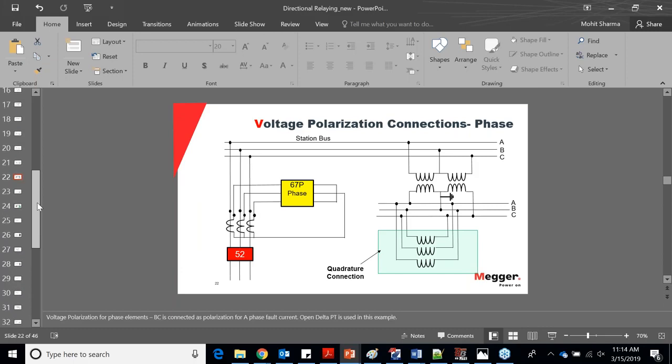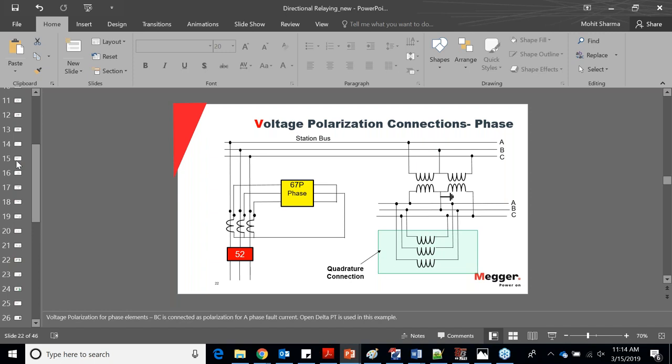The MTA, how could it be advancing the polarizing voltage? The MTA is decided on the basis of the polarizing voltage. It takes the polarizing voltage as a reference, and based on that reference quantity, you can have the MTA.